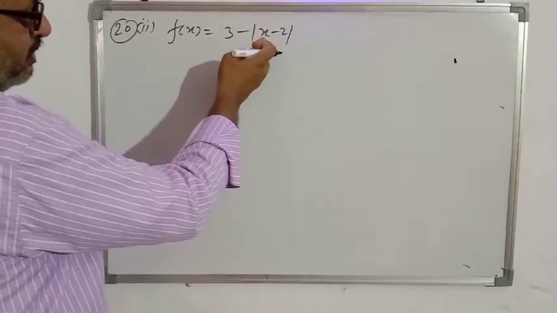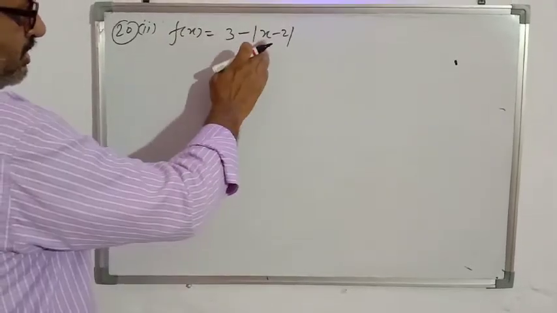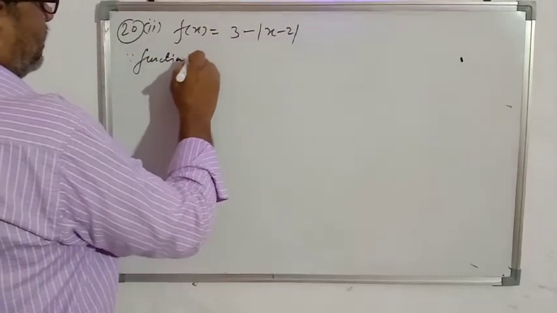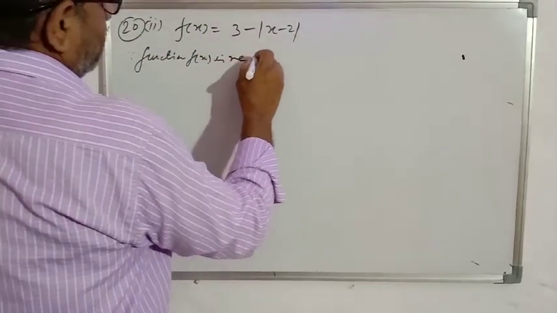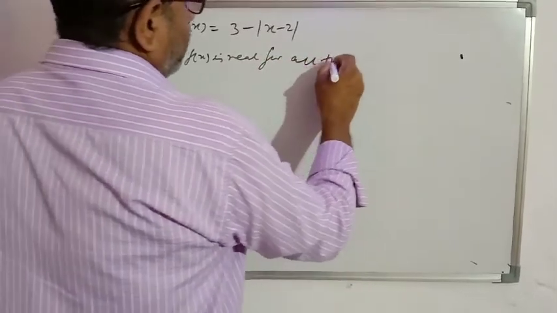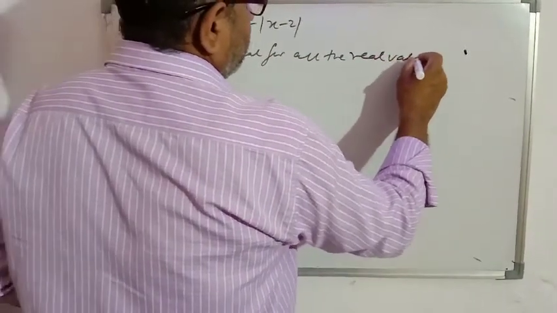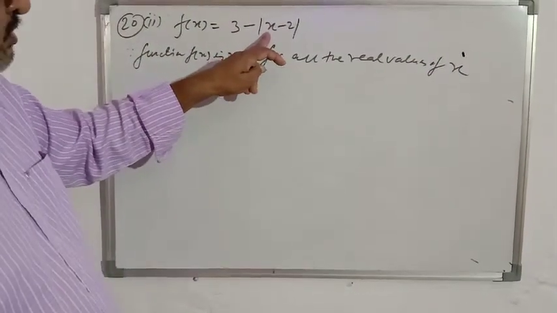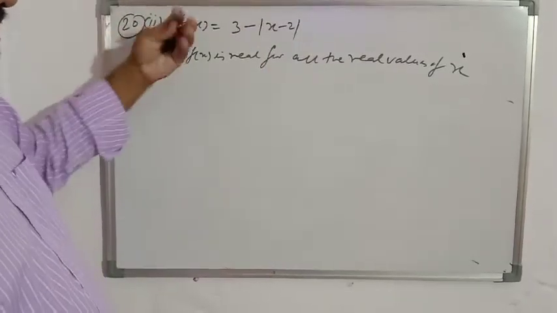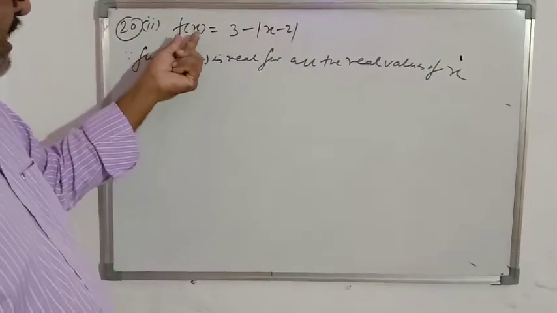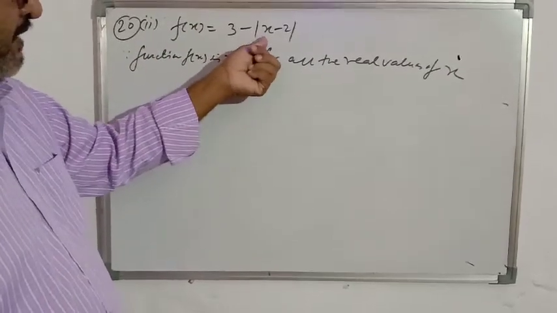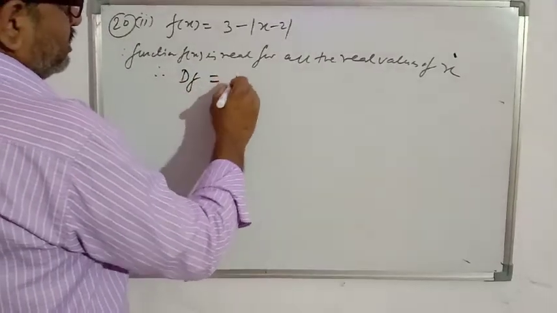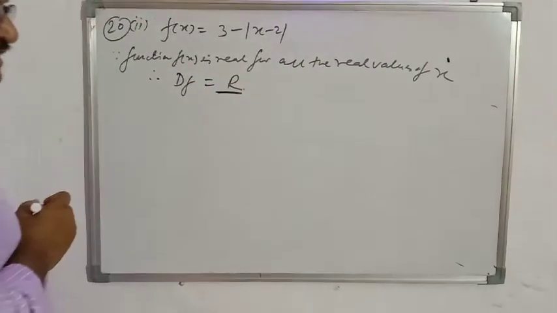You can take any value of x, 0, 1, 2, 3, -1, -2, -3, and we will get some finite value. So f(x) is real for every real value of x. Therefore the domain of the function is the whole set of real numbers.